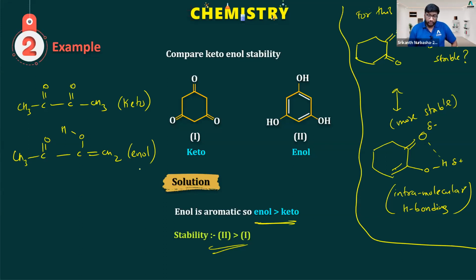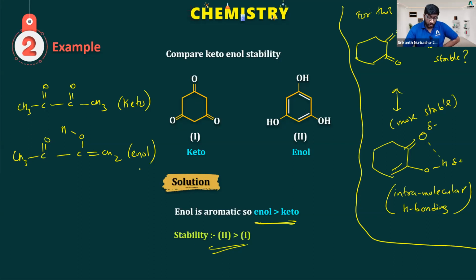Enol. Enol or keto, and why? Hydrogen bond. Why does he say hydrogen bonding? Anyone else? Any other answers? CH3, C double bond O, C double bond O, CH3, that's the keto form.